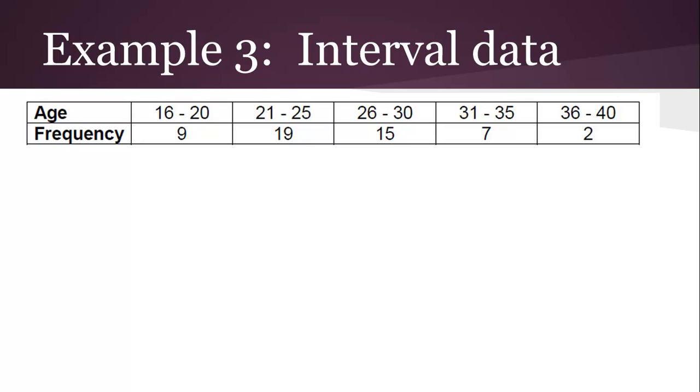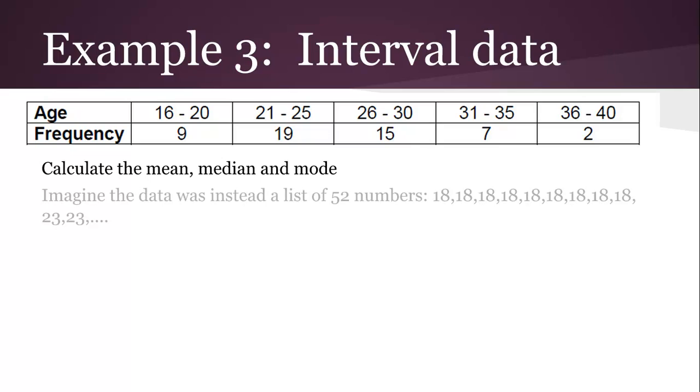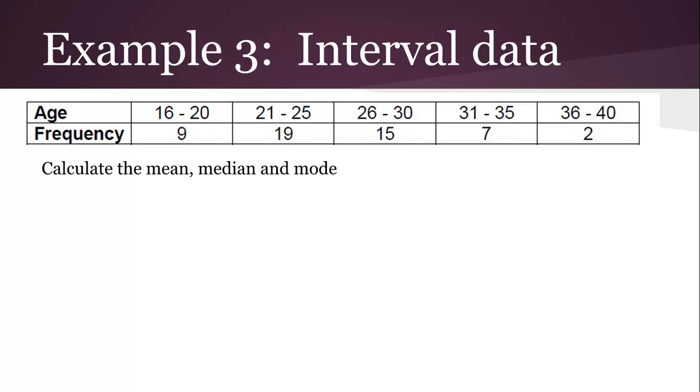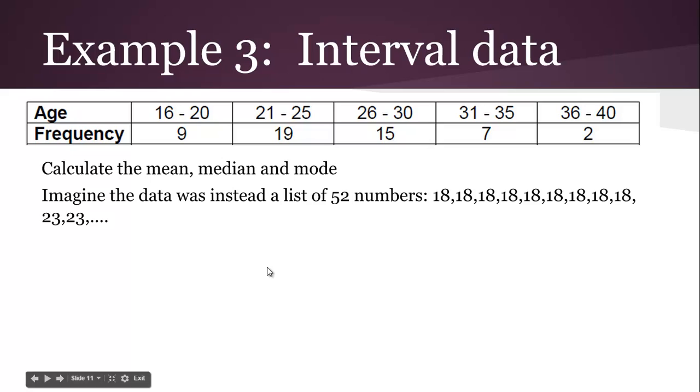So as an example, when you're calculating the mean and the median, the median is just the number that's in the middle. But if you calculate the mean, instead of looking at this as 52 numbers, you actually look at a list of 52 that's 9 18s, 19 23s, and so on and so on. 28 shows up 15 times, 33 shows up 7 times, and 38 shows up twice.